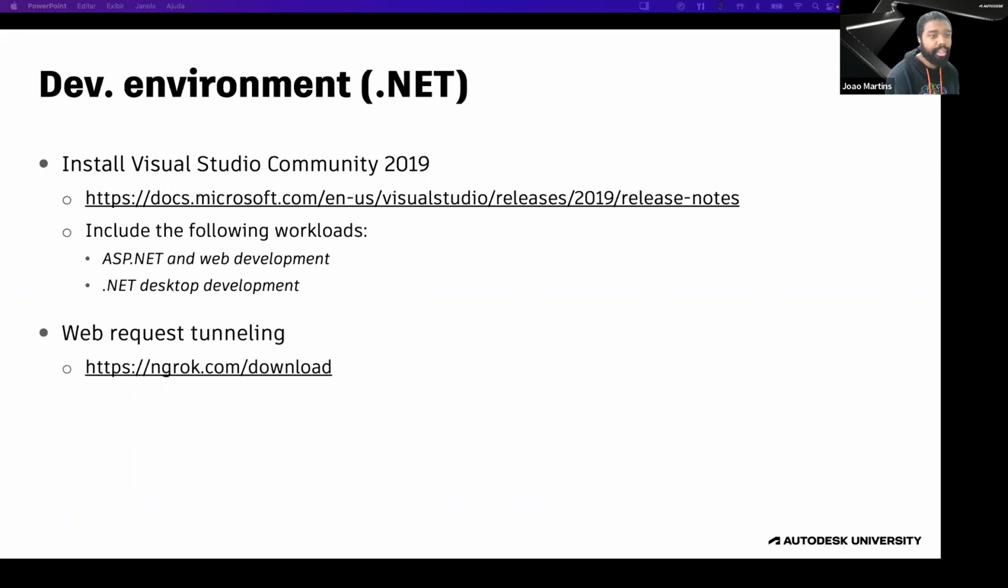For the development environment, we are going to be using .NET. So we use Visual Studio Community. If you came from the previous tutorials, we used Visual Studio Community version 2022. We are migrating this tutorial to the newest version, newest framework.